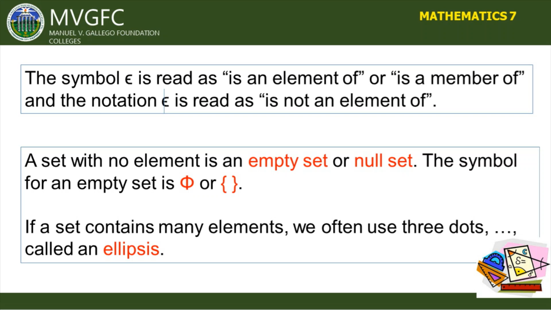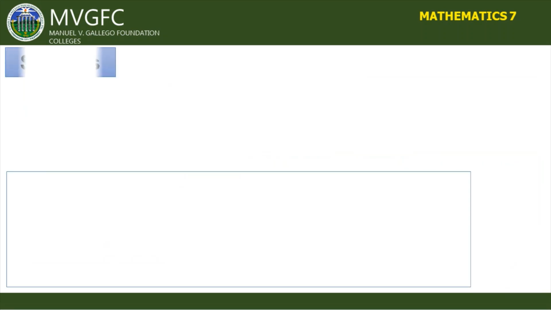Another thing to remember for making a set is that if a set contains many elements, we often use 3 dots, just like what I've mentioned earlier. For example, we have 1, 2, 3, 4, 5, and so on and so forth. Since there are so many elements in that set, we can use 3 dots, and that is what we call ellipses. So after knowing what a set is, let us now proceed with the subsets.